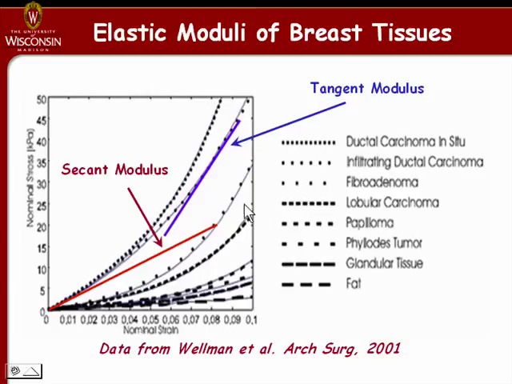If we consider, for example, an invasive ductal carcinoma, very stiff tissue embedded in a fat background, if we deform that fatty breast 10%, the soft stuff, the fat, is going to deform a lot. The stiff stuff is not going to deform much.